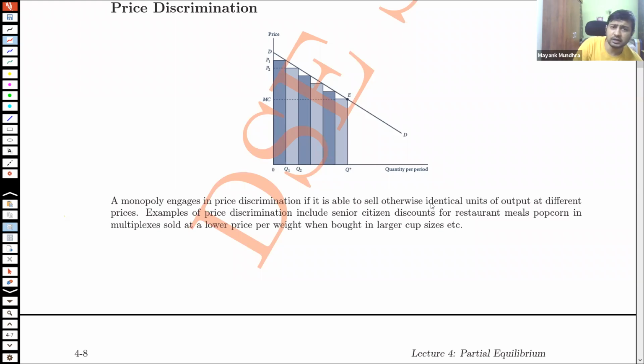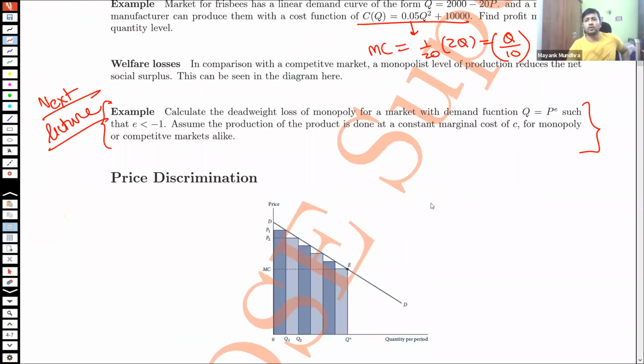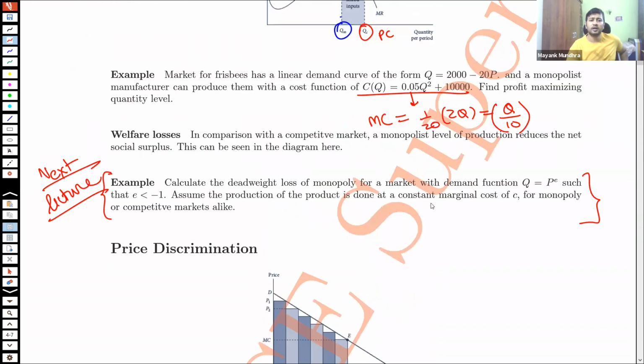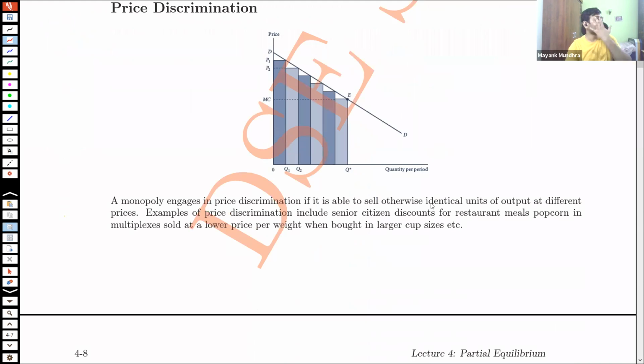So next, now that I know how to deal with the monopoly, I want to look at a new topic, which is price discrimination. In price discrimination, a monopolist can discriminate between different sections of the market depending on their paying capacities. Suppose a monopolist knows exactly how much each person is willing to pay for the commodity.